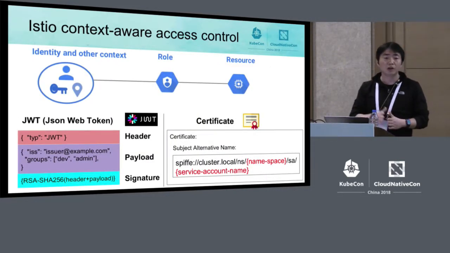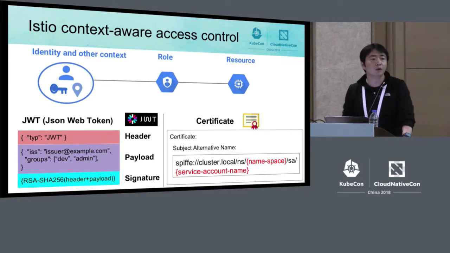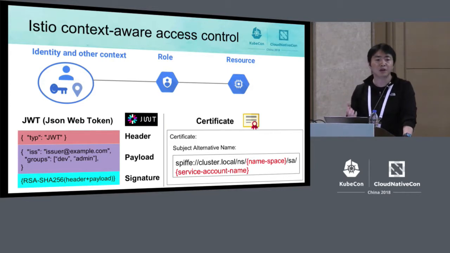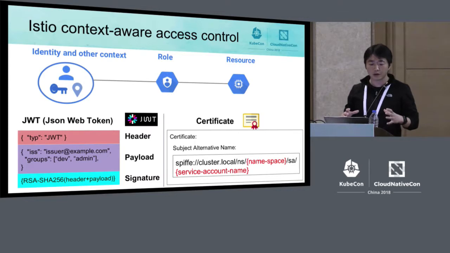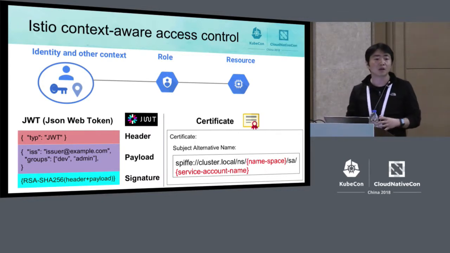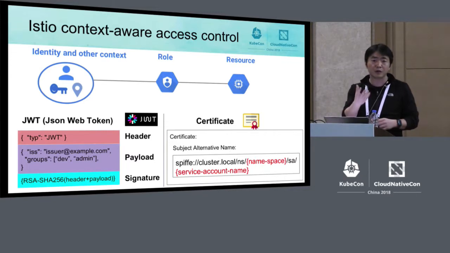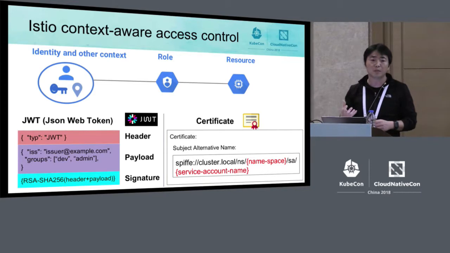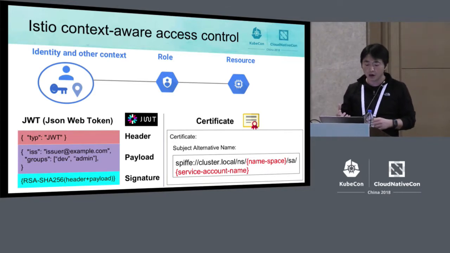Istio enforces context-aware access control. The context can be the identity, the location, or the channel state. This context information can be encoded in a JSON Web Token, so when a request comes, it is accompanied by a JSON Web Token.